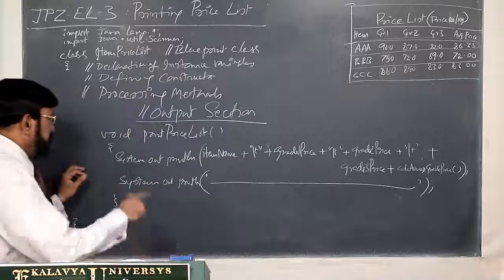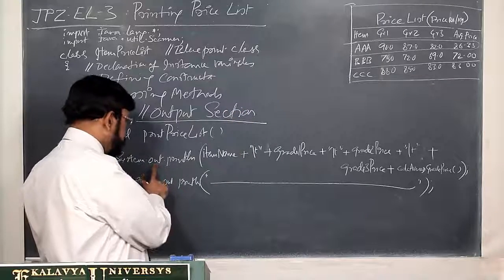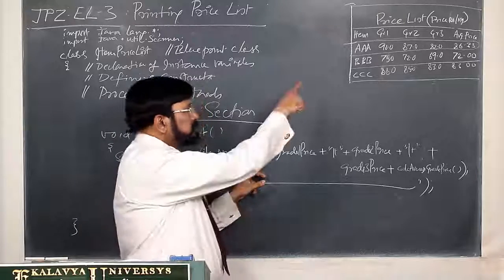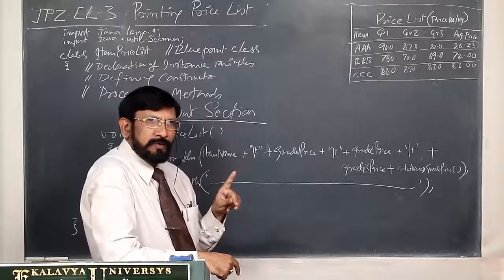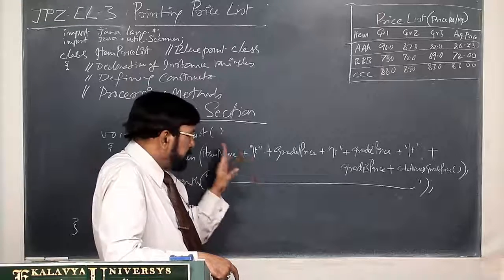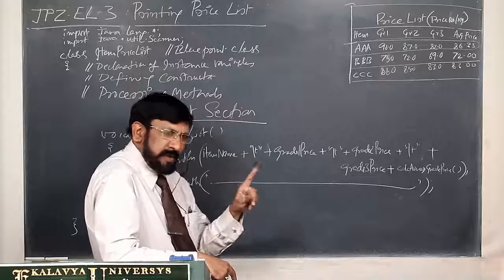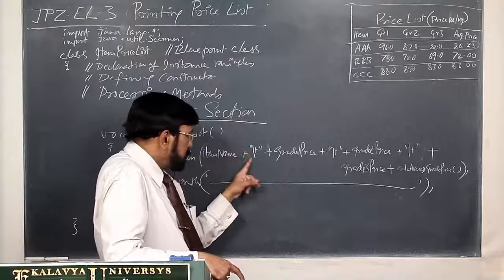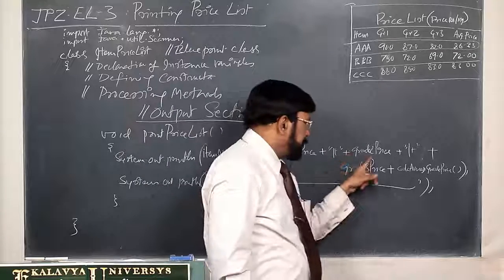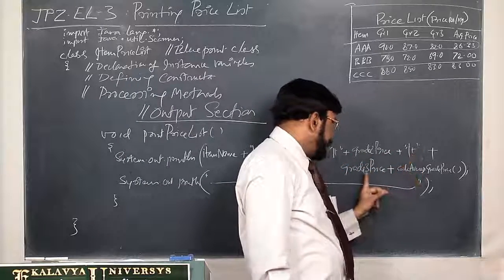Now you see, System.out.println item name. Already I told you, in the first chapter I have given almost half a dozen programs on SOP. You should practice them, then only you can understand this smartness. So one tab, grade 1 price, tab, grade 2 price, tab, grade 3 price.